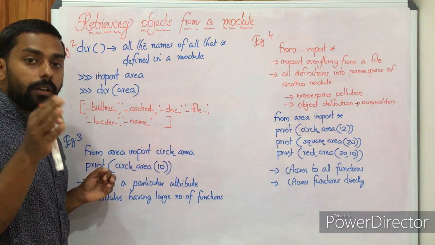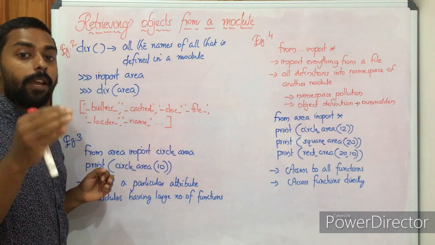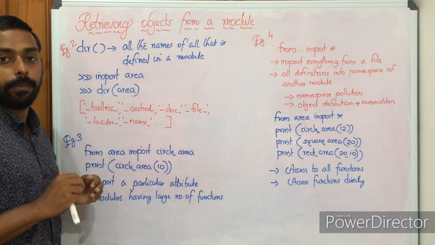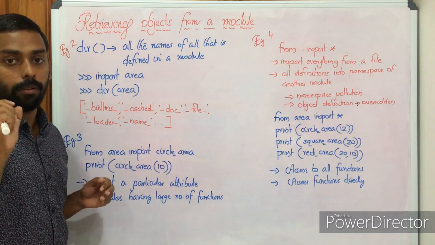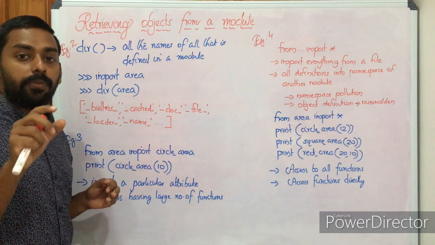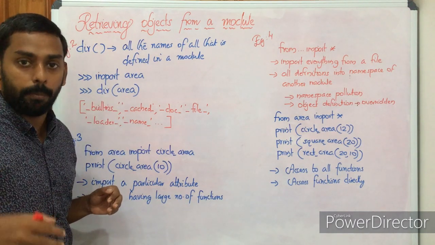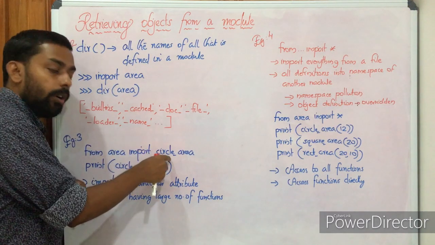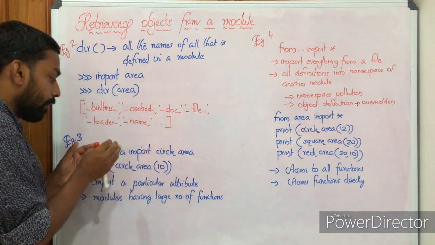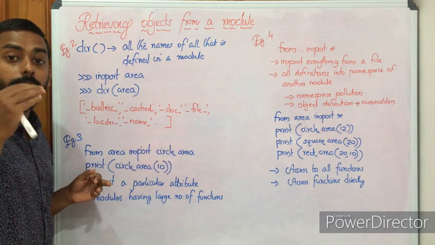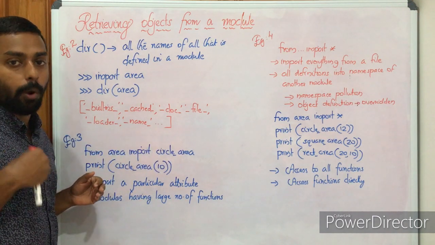But out of those three we are importing only one function to the program, that is circle area. In this case we cannot use import area, because with import area all the functions will be imported. Here we need only circle area, so the statement is from area import circle area. Only circle area will be imported to the program.